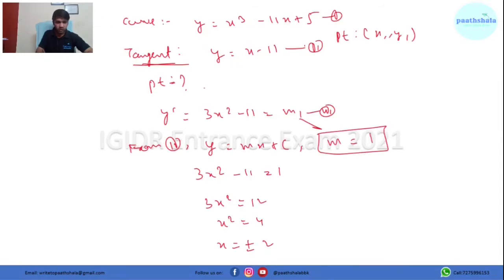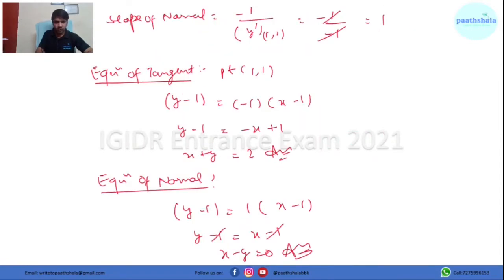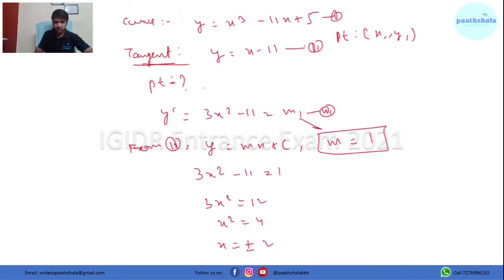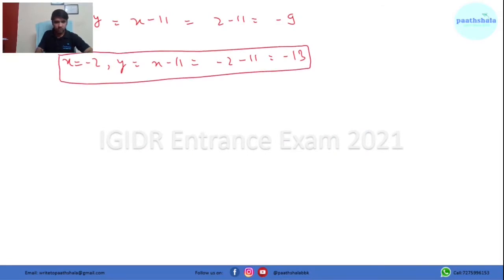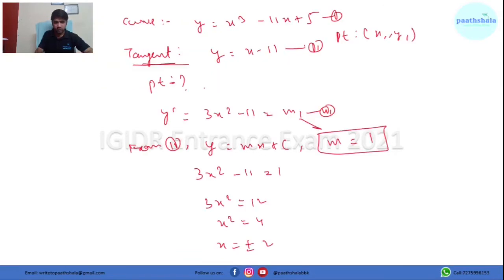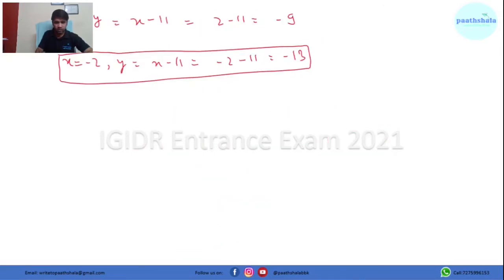So one thing I would like to tell you that here we have only one point, because if you check this point with the alternate equation, let's say this curve's equation. So the equation of curve is y equals to x cube minus 11x plus 5. Okay. So let's put x equals to minus 2 here. What we will get?